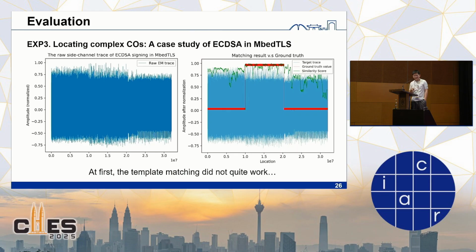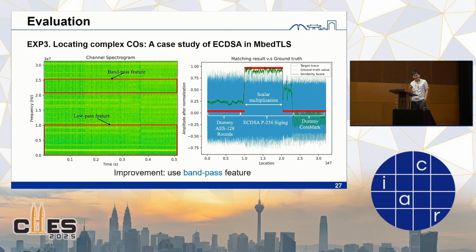For the ECC ones, in a real implementation in mbedTLS, you can see at first our template matching does not quite work, but a deeper analysis shows, very interestingly, that the features of this CO are mostly located in the high or mid frequency band.